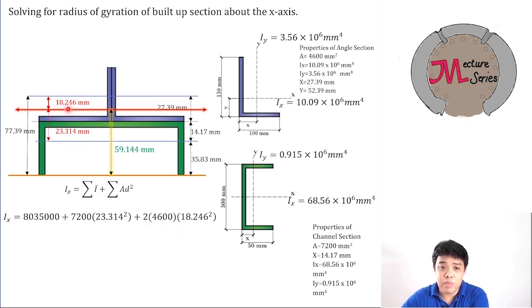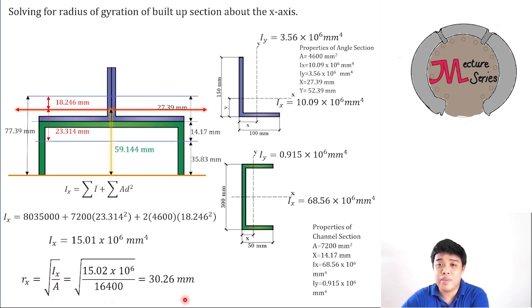I just multiply it by 2 because the angle bars are located at the same d distance from the centroidal x-axis. Therefore, the answer is 15.01 times 10 to the 6th power millimeter to the 4th. The square root of Ix over A is equal to 30.26 millimeters. We already got the radius of gyration about the centroidal x and the centroidal y of this symmetrical built-up section.